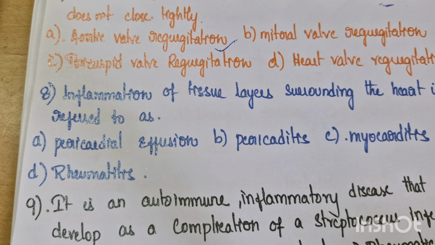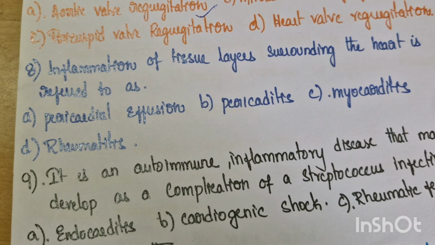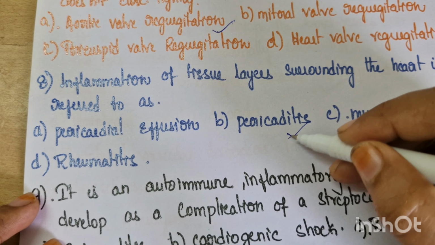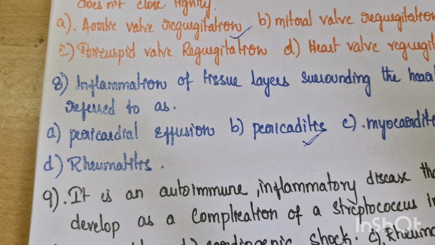Can you guess the answer? The answer is pericarditis. Pericardial effusion is the accumulation of fluid in the pericardium layer. Here they asked about inflammation, so option A is not correct.